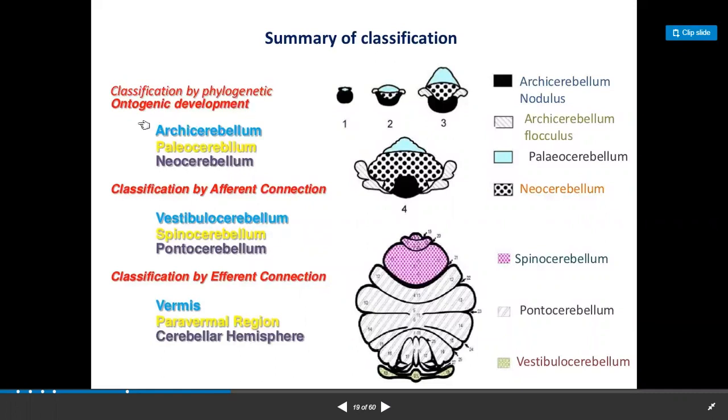By phylogenetic and ontogenic development, we have classified the cerebellum into archicerebellum, paleocerebellum and neocerebellum, right? Afferent connection wise, we have the vestibulo-, spino- and pontocerebellum. Classification by efferent connections, we have the vermis, which is towards the center, the paravermal region and the cerebellar hemispheres.